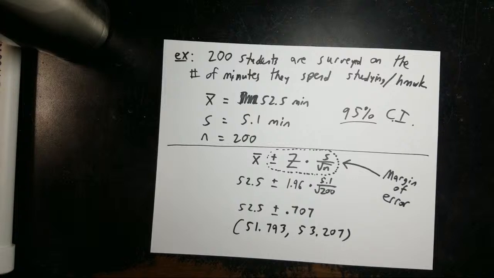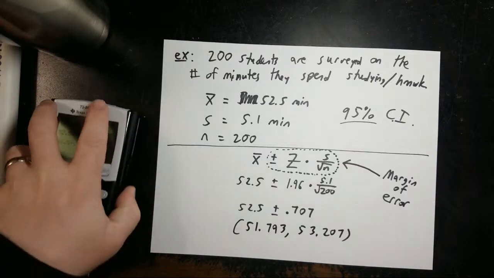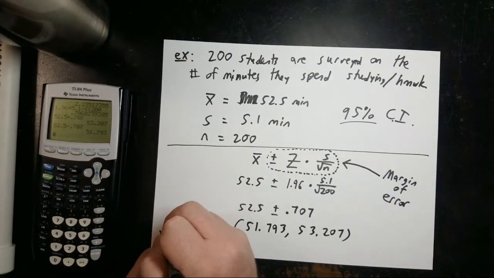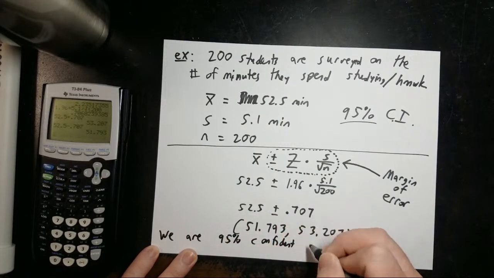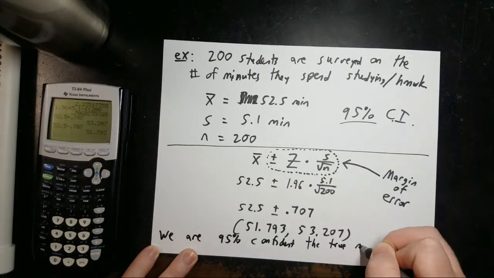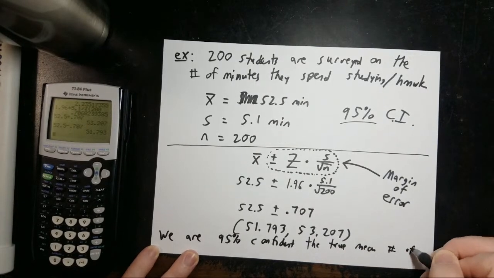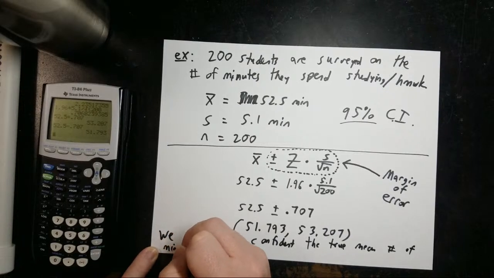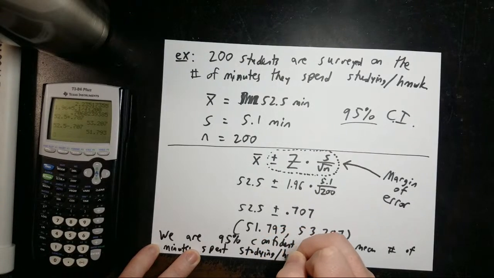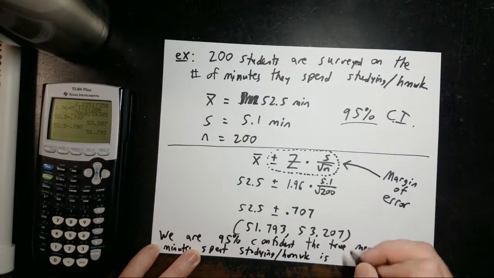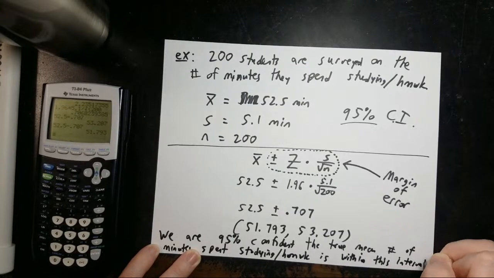Now, what that means is this. We are 95% confident the true mean number of minutes spent studying or on homework is within this interval.